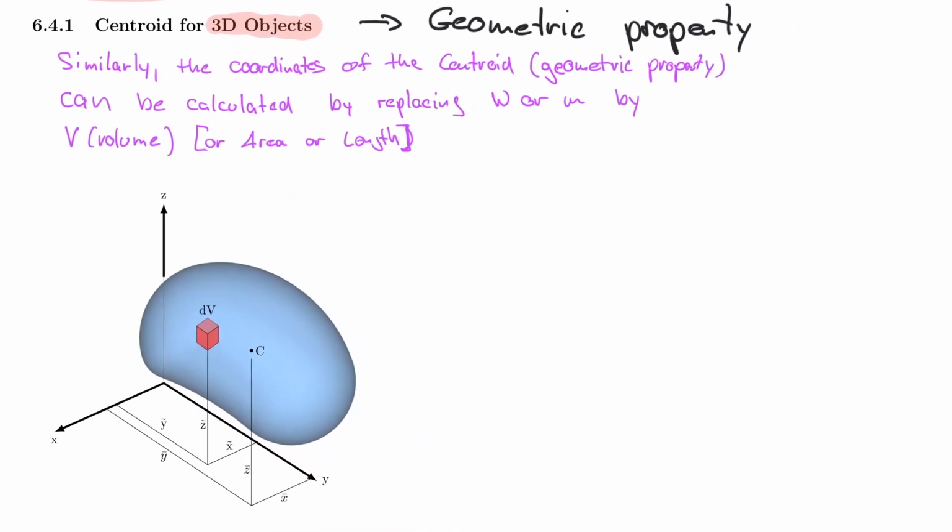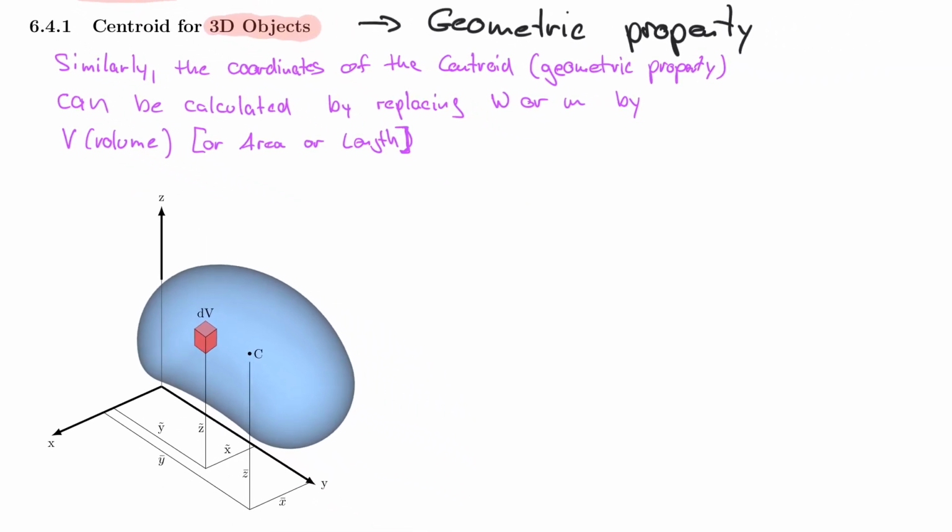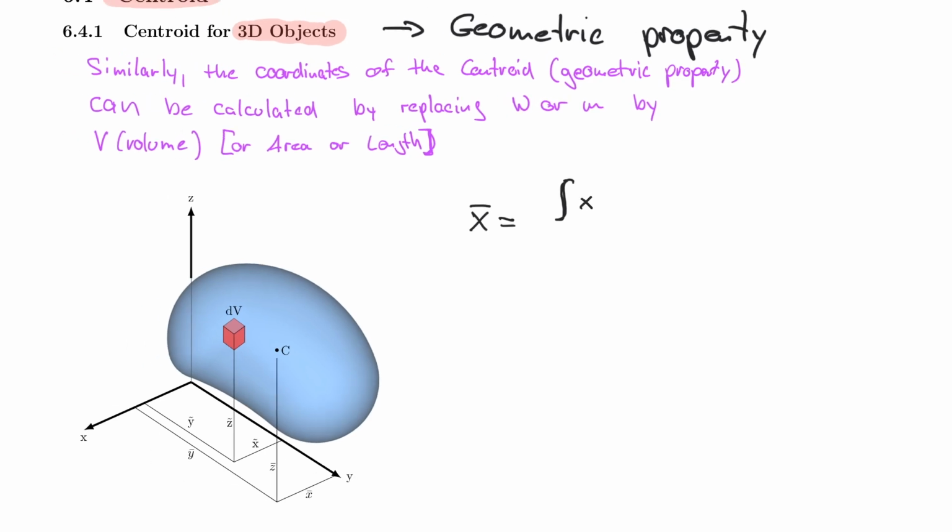So we can now write down the formula for the centroid location, which is the one we really will need a lot in this class. And that is x bar is equal to the integration of x tilde dV divided by the integration of all the volumes, which is just the total volume.